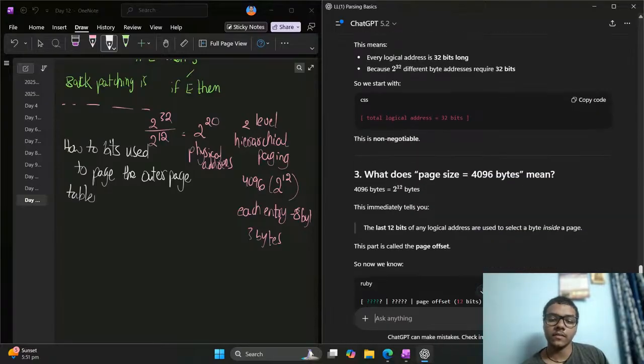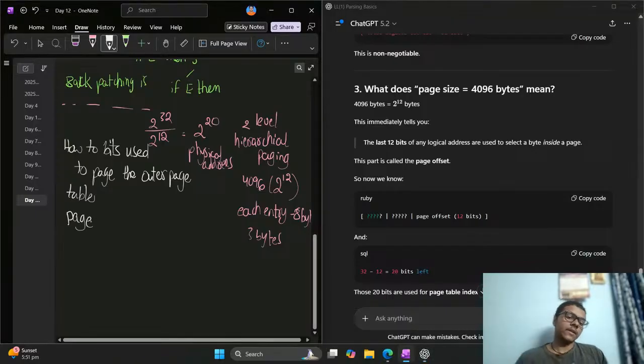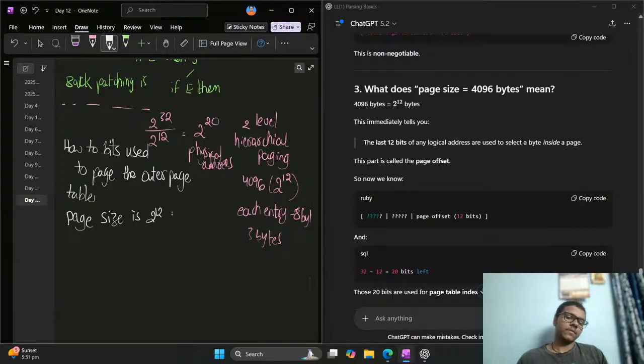Page size. The last 12 bits of any logical address are used to select a byte inside a page. So page size is 2 power 12 bytes.